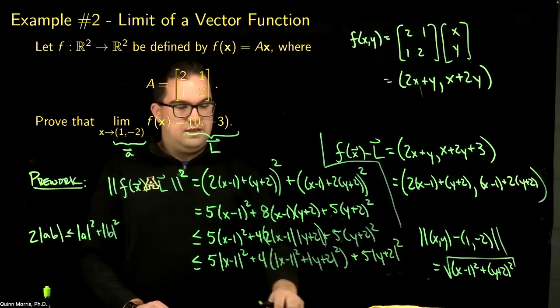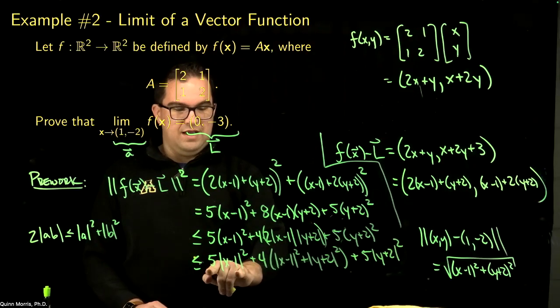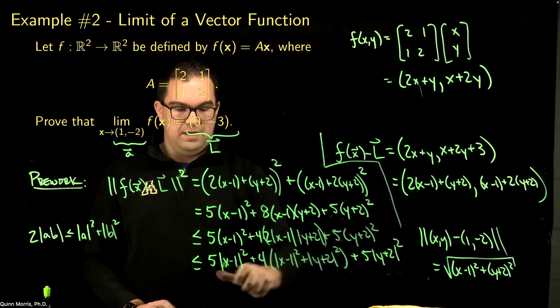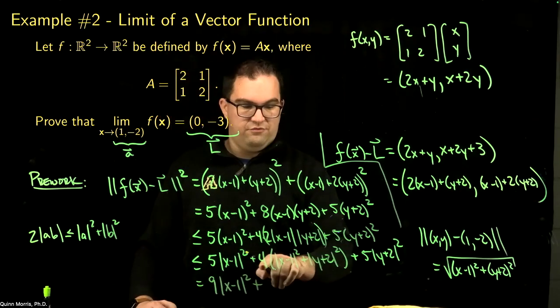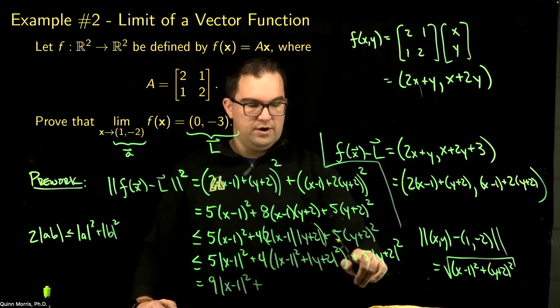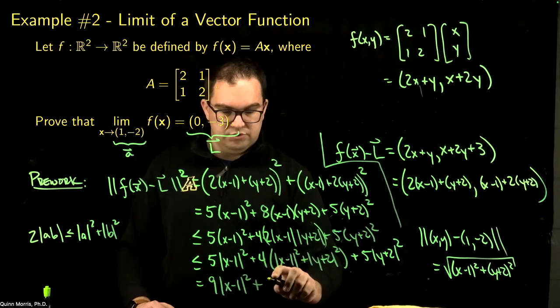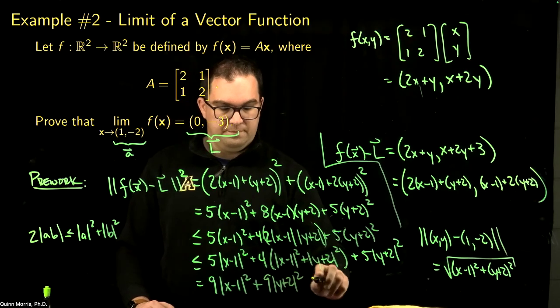And now if I look here, I've got 5(x minus 1) squared plus 4(x minus 1) squared. So I've got 9(x minus 1) squared. And then I've got a 4(y plus 2) squared plus 5(y plus 2) squared. So I've got a 9(y plus 2) squared.